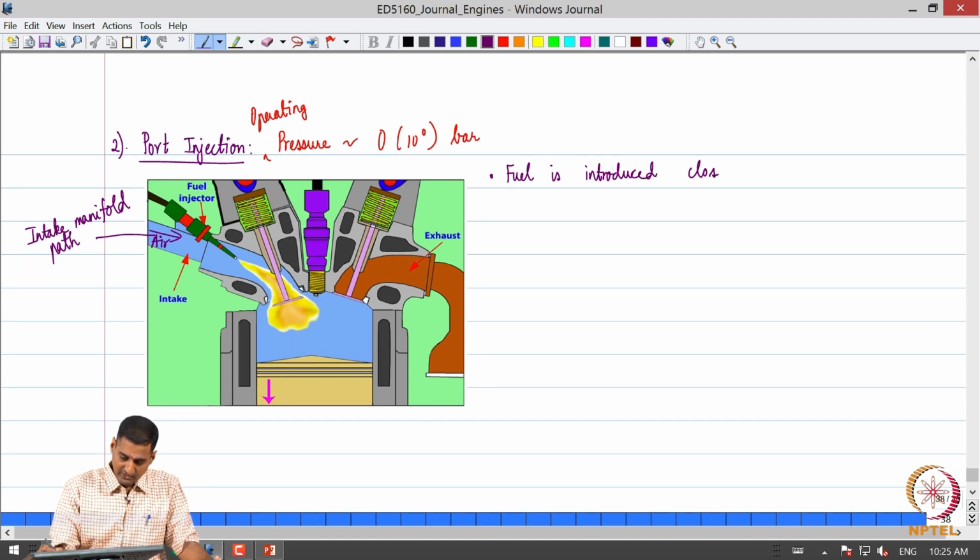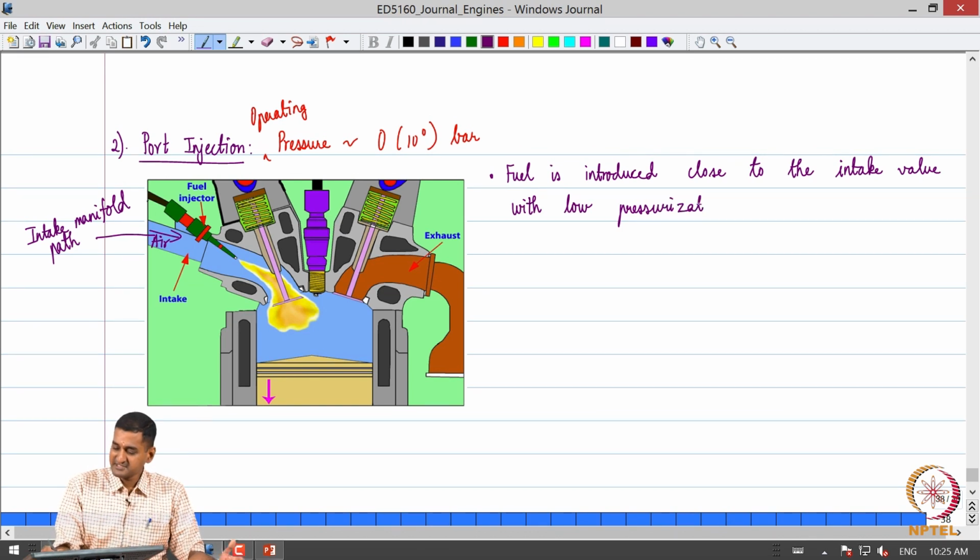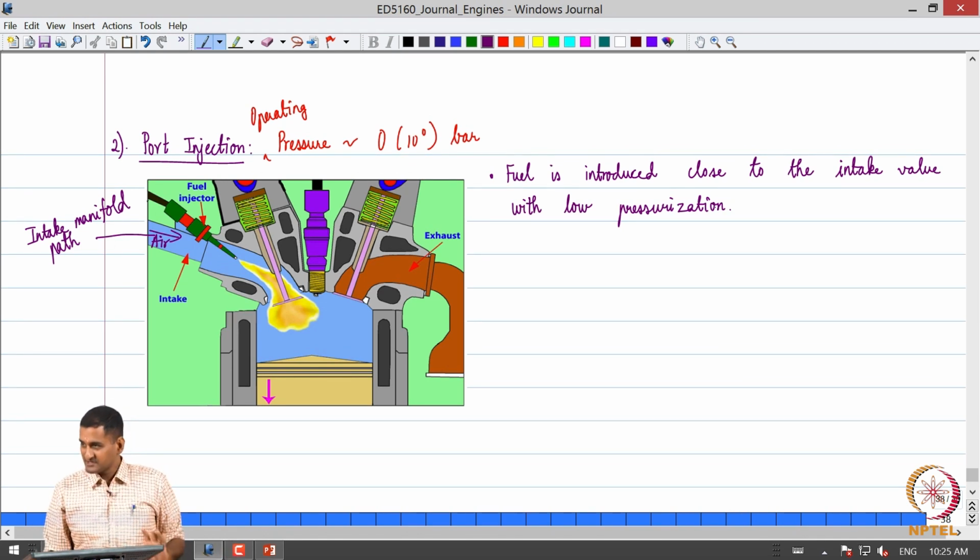So the main attribute of this system is that the fuel is introduced close to the intake valve with low pressurization. In a simple carburetor there is no external pressurization itself. So here it is a low pressurization, okay.